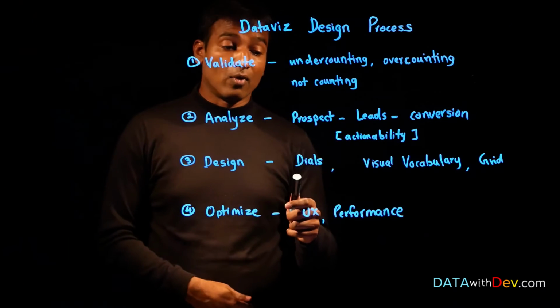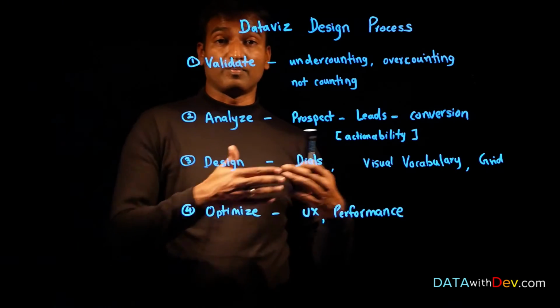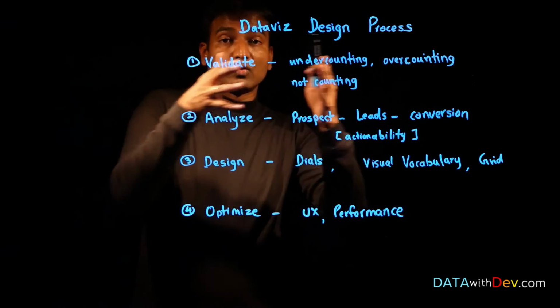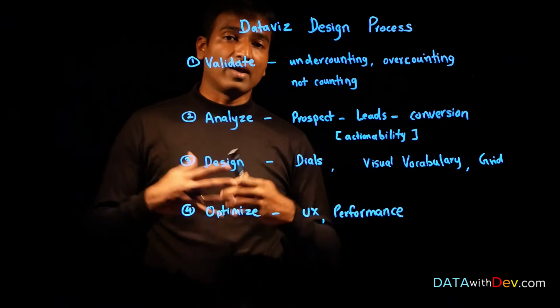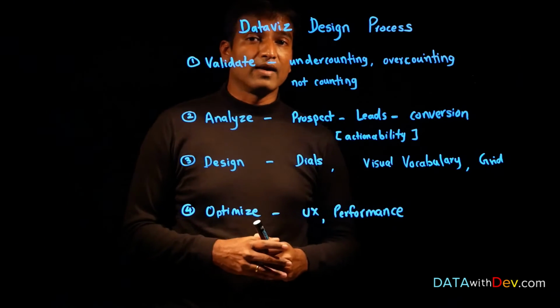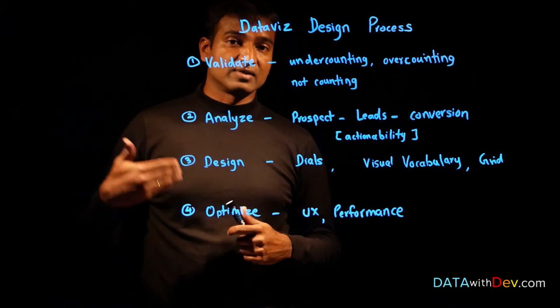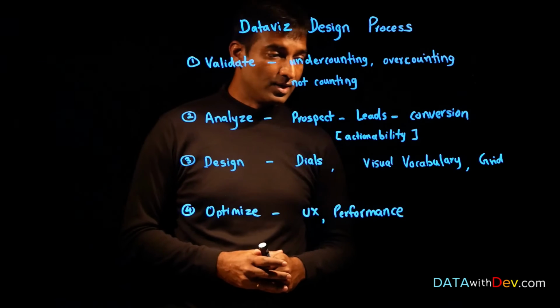Some things that you can avoid doing are dials, and specifically dials that repeat, showing like 1 or 2 or 4 different dials. It's generally very hard to compare dials from one dial to another. And I'm going to also include some references and links about what not to do with data visualization.